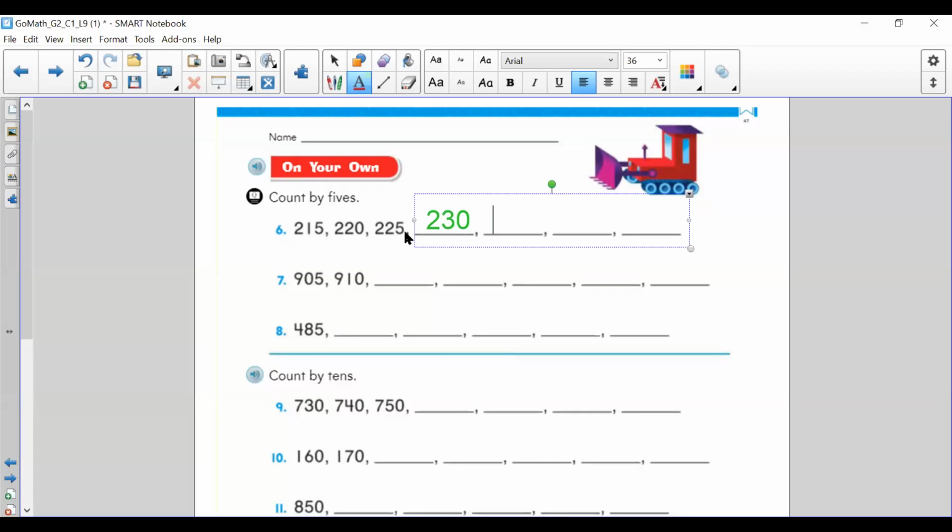And then adding 5 more, 235, 240, and 245. Okay, next we have 5, 10. And so when we're counting by fives, it would be 15, 20, 25, 30, 35, 40, 45, 50, but we have to start with the 900.